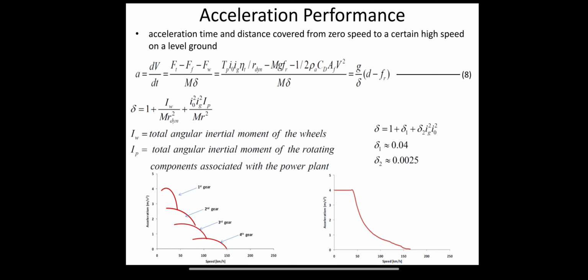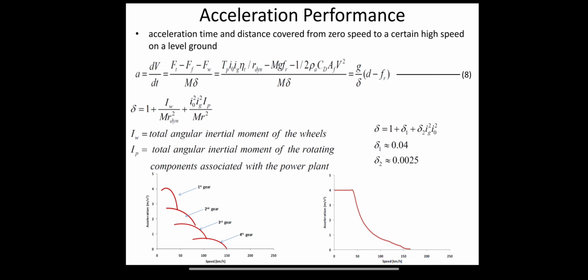The acceleration rate along with the vehicle speed for a petrol engine powered vehicle with a four-gear transmission, and for an electric motor powered vehicle with a single-gear transmission, is shown in the figure.